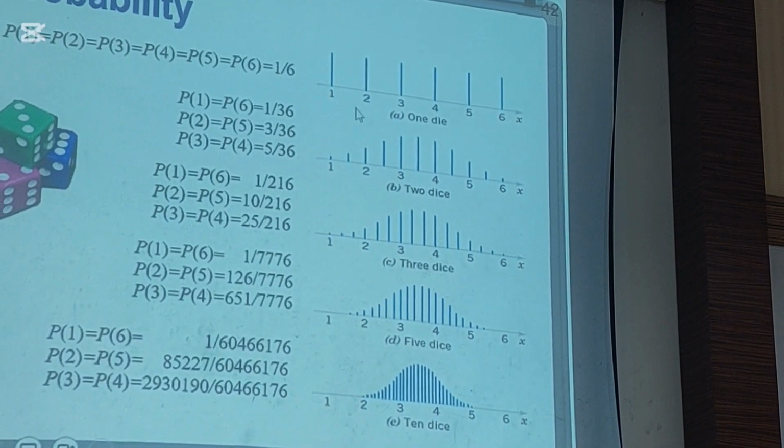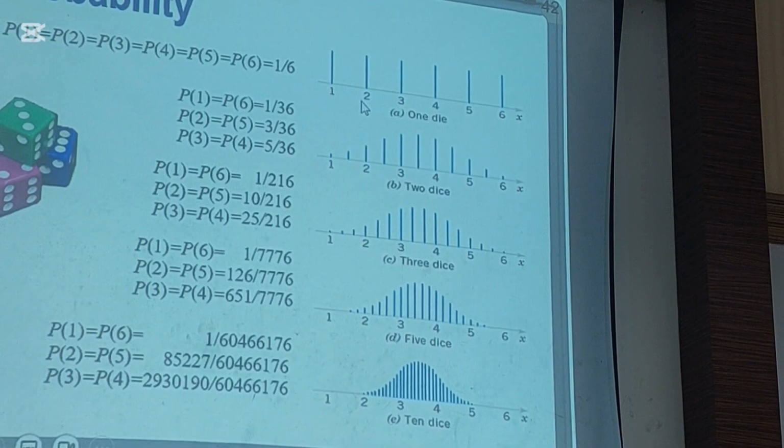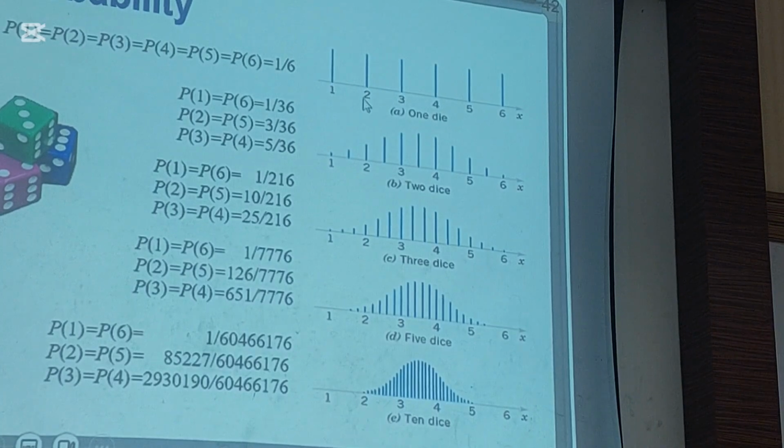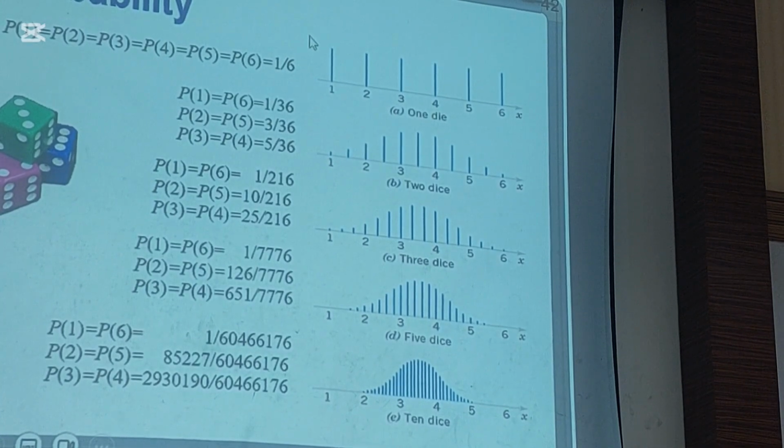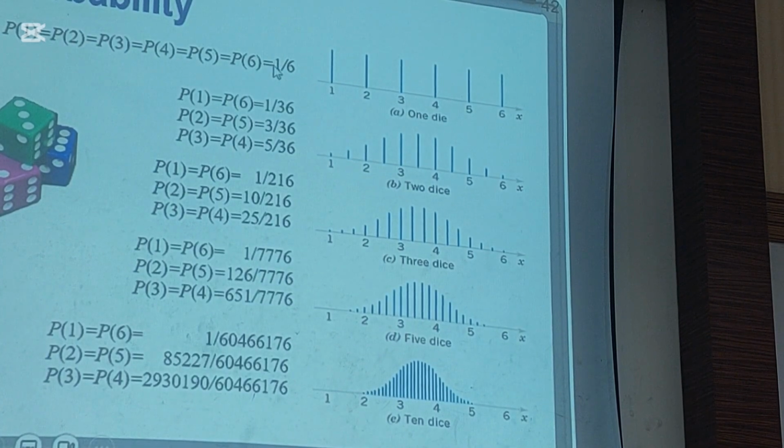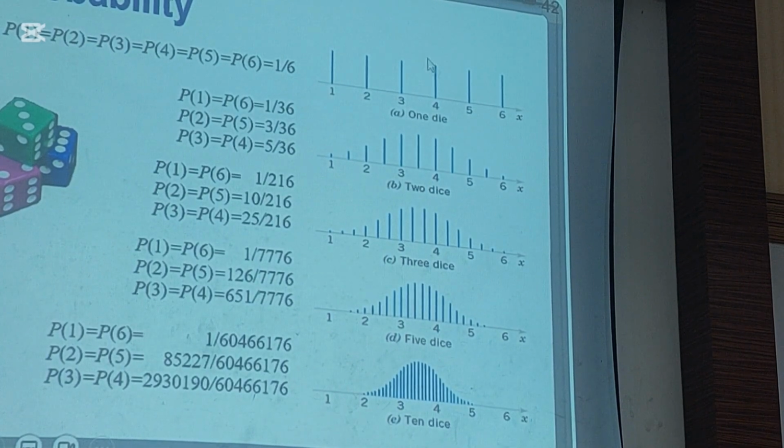The outcome here is 1, 2, 3, 4, 5, 6. So the probability is 1 per 6. This one is for 1.